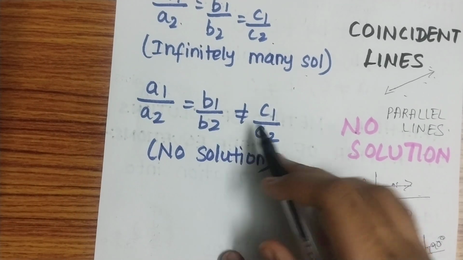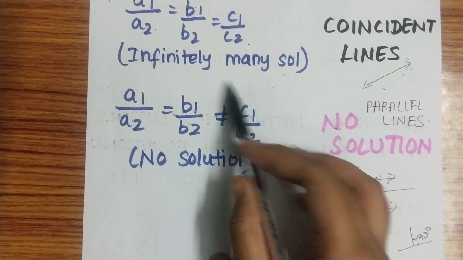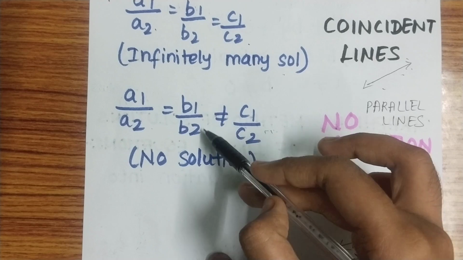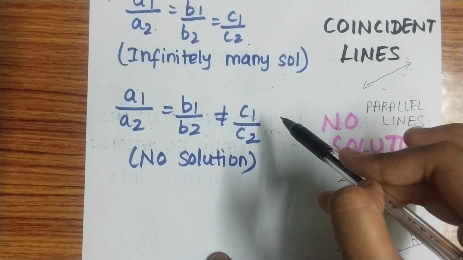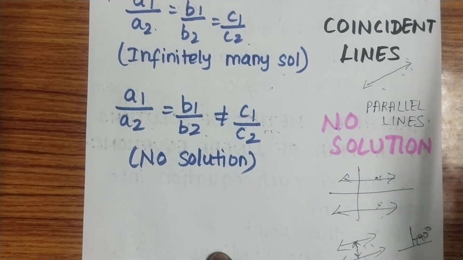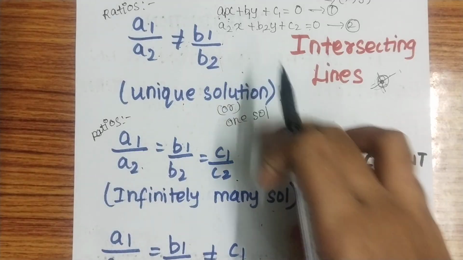If they ask, without plotting the graph, to check whether the given equations are coincident or parallel: if the equations satisfy a1/a2 = b1/b2 not equal to c1/c2, then I can say that it is a parallel line which has no solution.